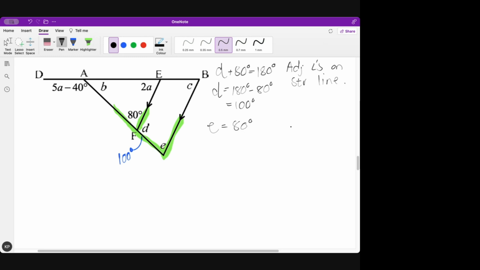80. And this is corresponding angles. Is that my whole, full reason? Are you sure? What's missing, guys?